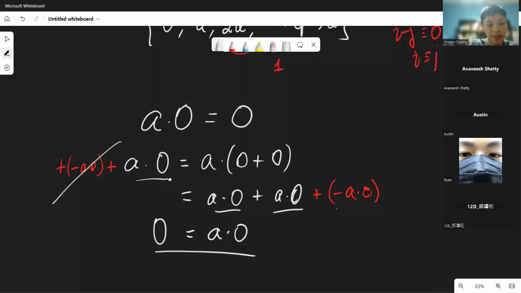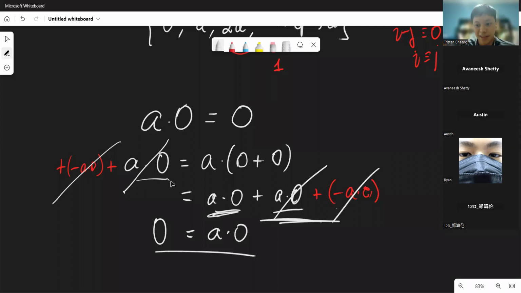Then these two cancel. By cancel, I mean the property that A plus its additive inverse is 0. And then these two become 0. But then A dot 0 plus 0 is itself, A dot 0. But the left-hand side is completely 0.